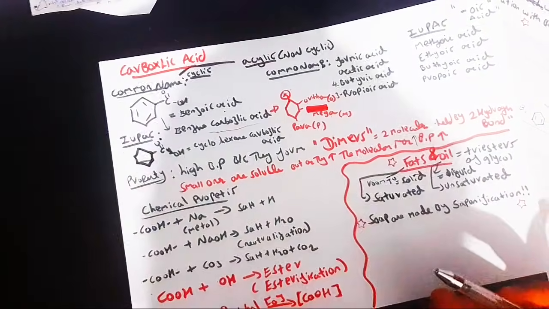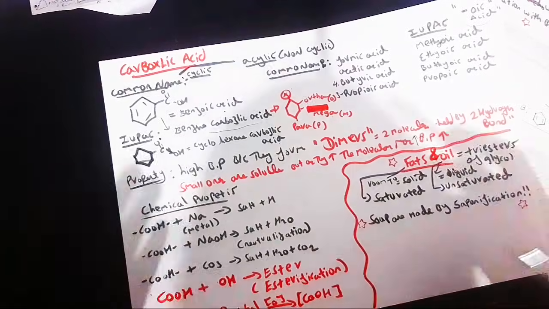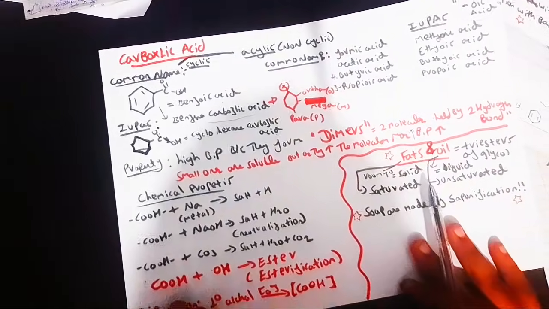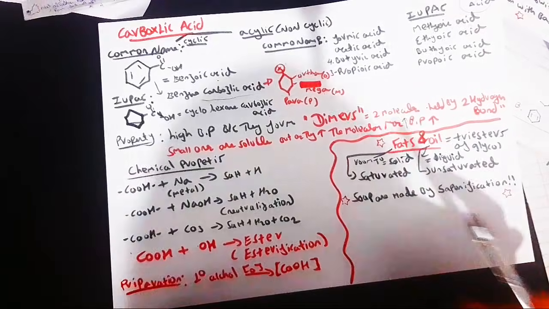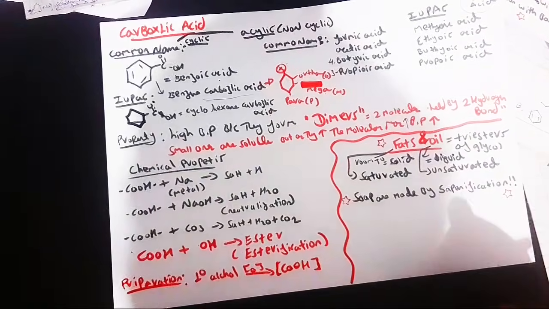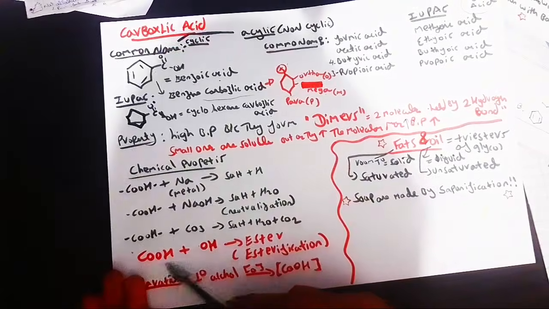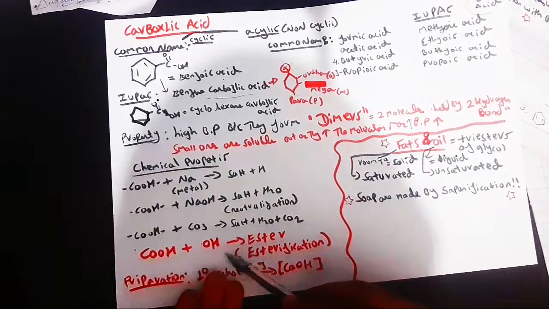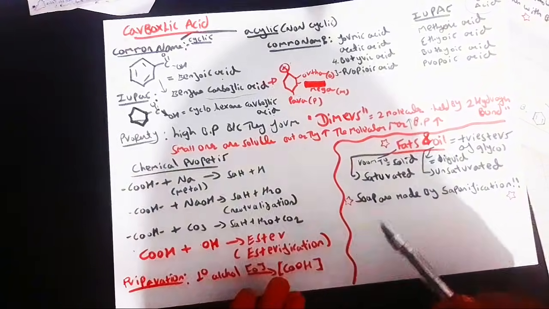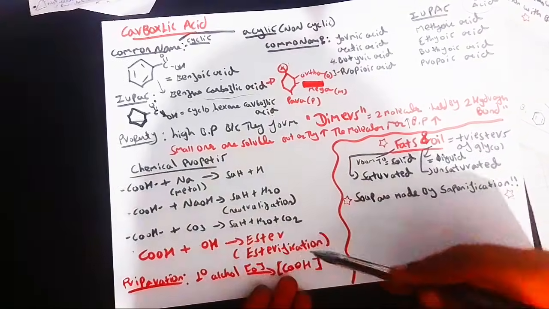When a carboxylic acid reacts with carbonates or bicarbonates, they give us salt plus water plus carbon dioxide. And another one, as we saw before in the esters, is that carboxylic acid plus an alcohol gives us an ester, which is an esterification. The whole process is an esterification.